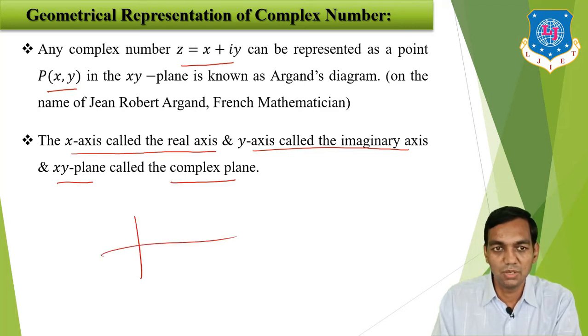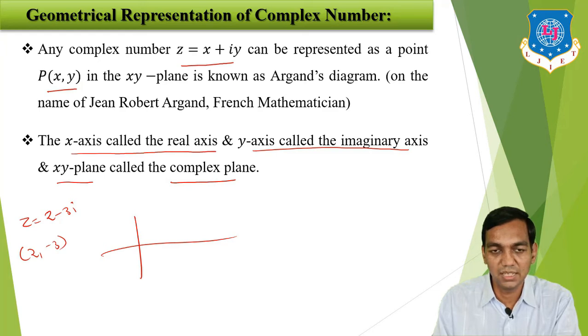That means suppose you have z equal to 2 minus 3i. If you write it as an ordered pair, then x is 2, y is minus 3. Okay, so 1 and 2, and 1, 2 and 3. So this point is our (2, minus 3). Done? So this is the way you have to draw it.